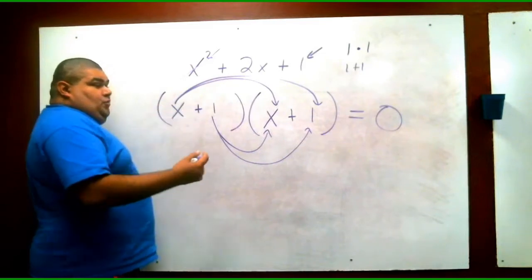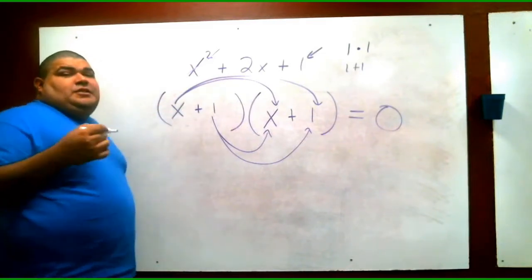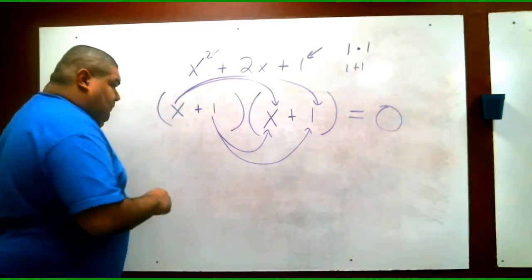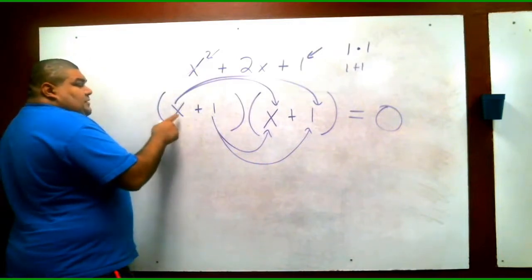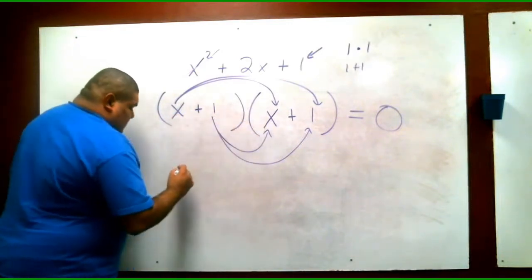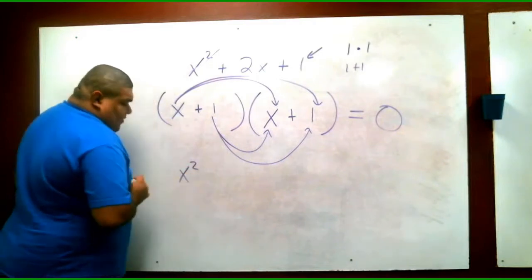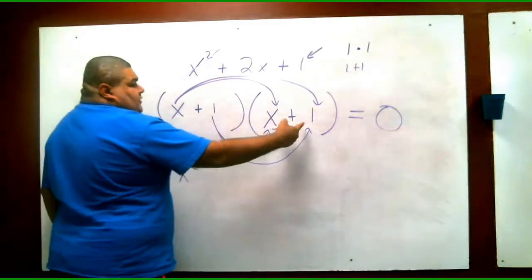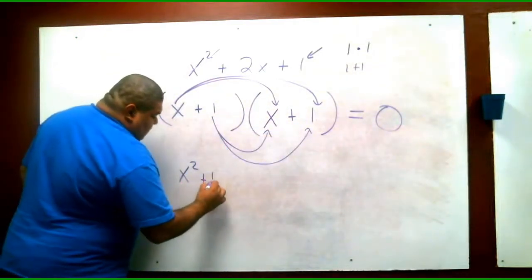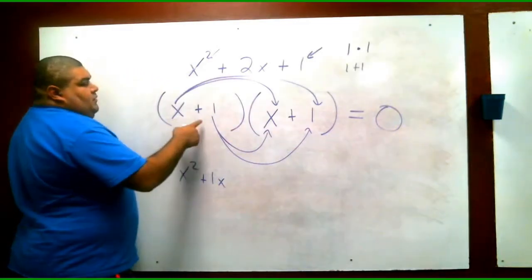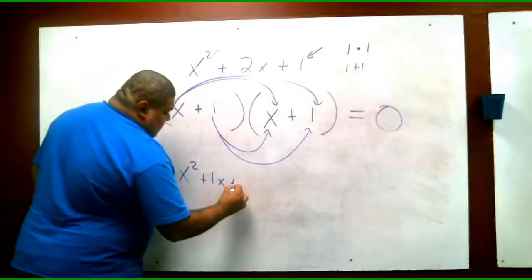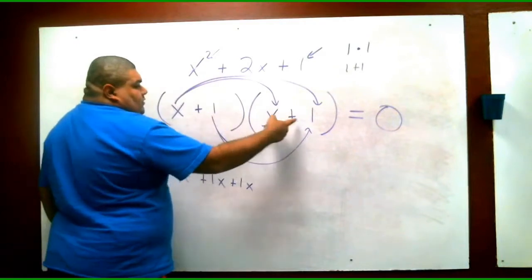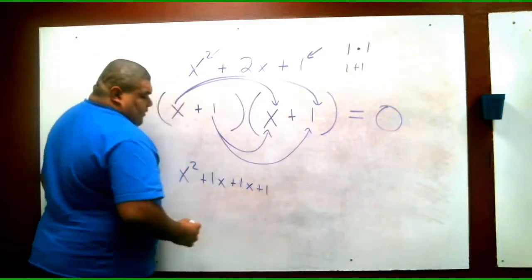For the ones that are new, foiling means first, outer, inner, last. So that means that x times x is x squared. X times 1 is plus 1x. 1 times x is plus 1x. And then 1 times 1 is plus 1.